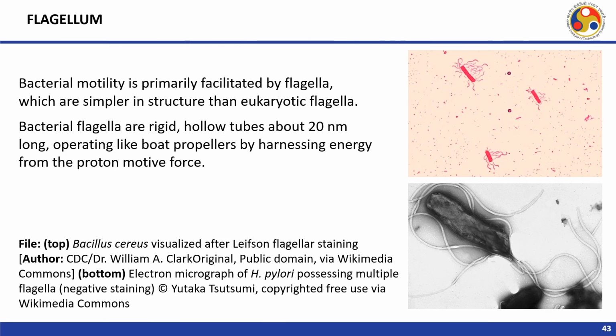So, you can see these small structures here and also the magnified structures in these two pictures: Bacillus on the top, and H. pylori, which possesses multiple flagella, as can be seen by negative staining here.